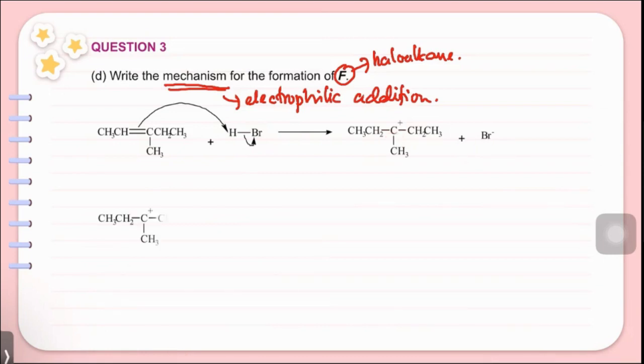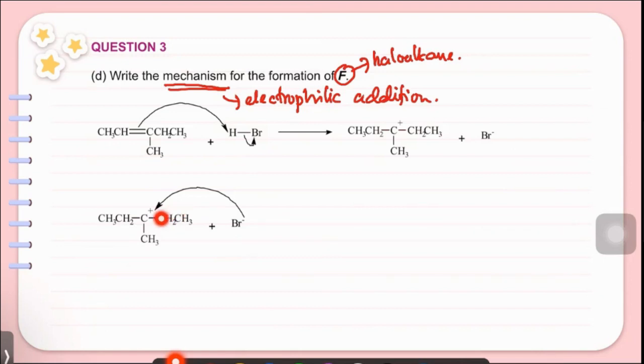And then the next step barulah kita akan tarik Br ni supaya carbocation, ataupun nucleophilic attack, ataupun nucleophile attack. Okay, so kena ingatlah arrow untuk electrophilic addition adalah full head arrow, bukan half head arrow.